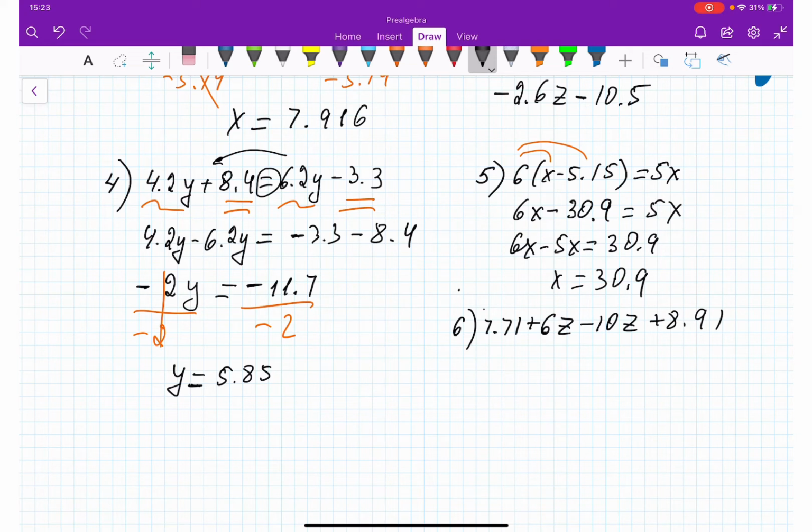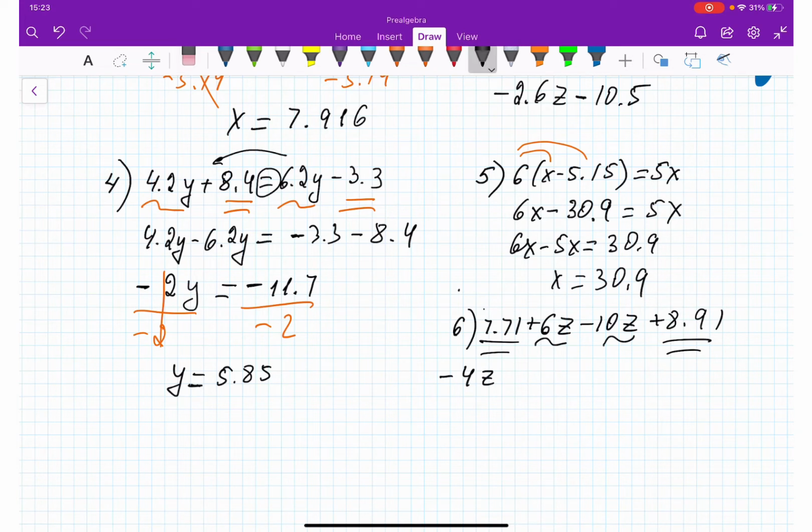Okay, all we have to do is simplify. So this one with this, and this one with this one. So 6z minus 10z is going to be negative 4z. So 7.71, I move it here, I'm getting 8 point, I don't have an equal sign, excuse me.